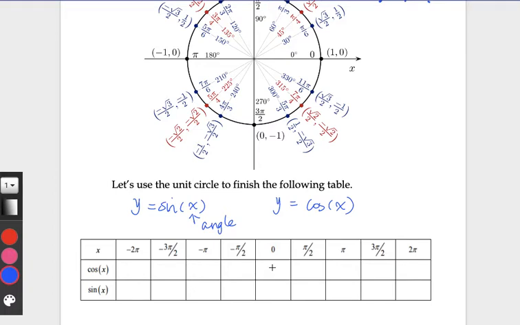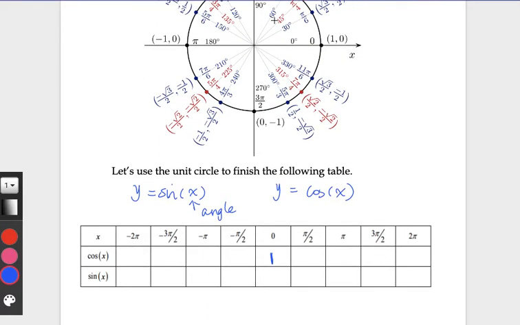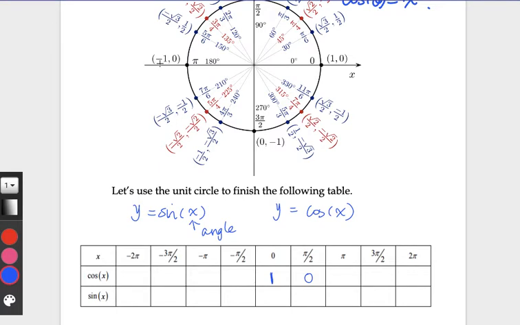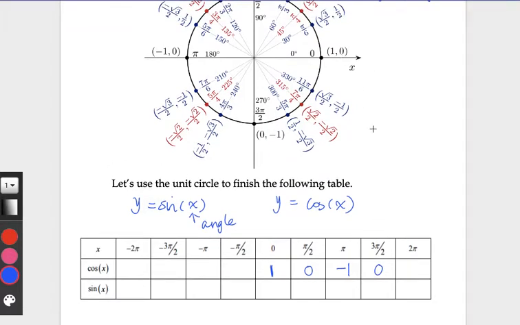So cosine 0 is 1. Then cosine of pi over 2, which is 90 degrees, the point is 0, 1, so it's going to be 0. Then cosine pi is the point negative 1, 0, so we only choose the x value, which is negative 1. Cosine of 3 pi over 2 is 0. Then at 2 pi we go back again, it's going to be 1.